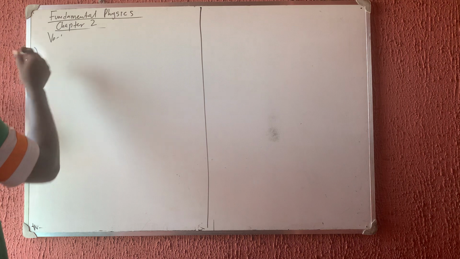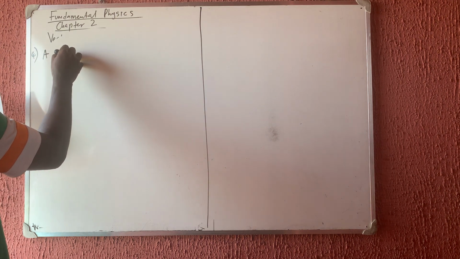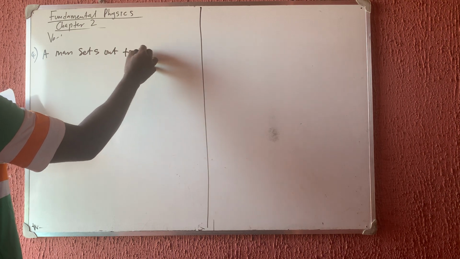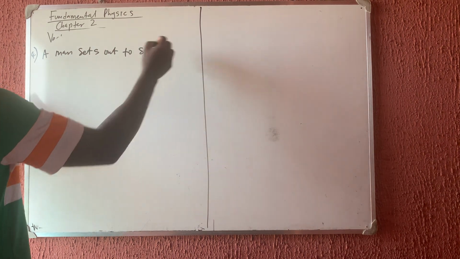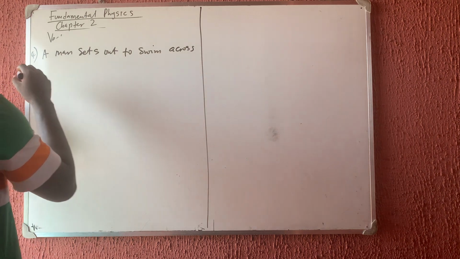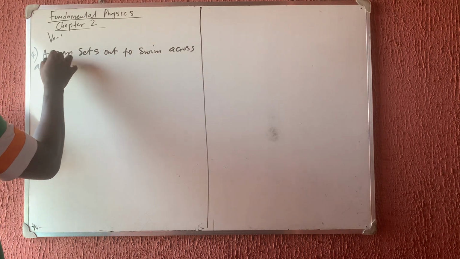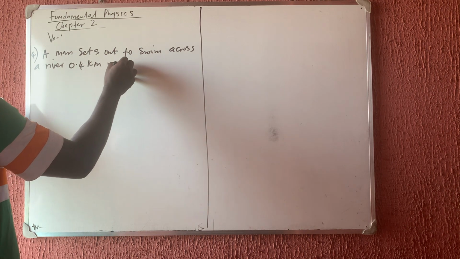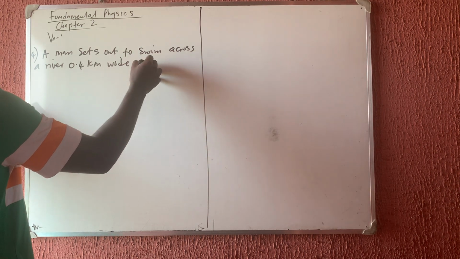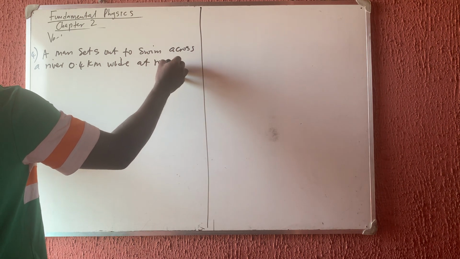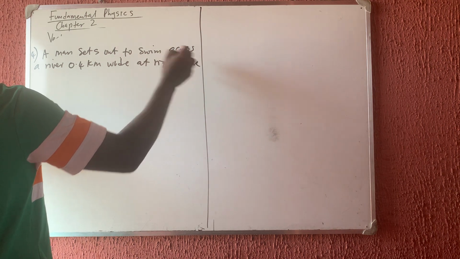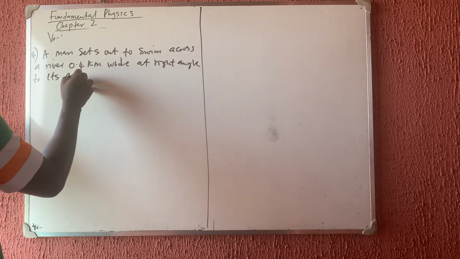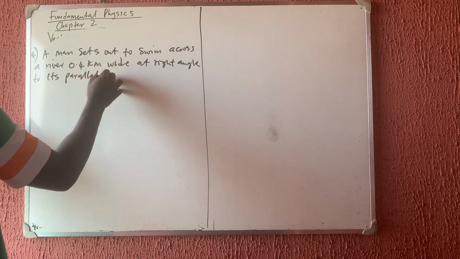All right, so the next one, question number 4, said a man set out to swim across a river 0.4 kilometer wide, at right angle to its parallel bank.